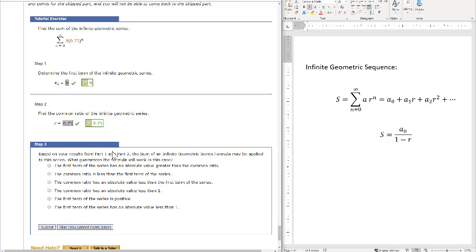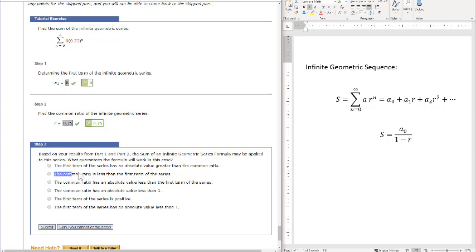Based on your results from part 1 and part 2, the sum of an infinite geometric series formula may be applied to this series. What guarantees a formula will work in this case? The first term has an absolute value greater than the common ratio. Well, it turns out that the first term doesn't really matter, so that's not a good reason for selecting the geometric series formula.